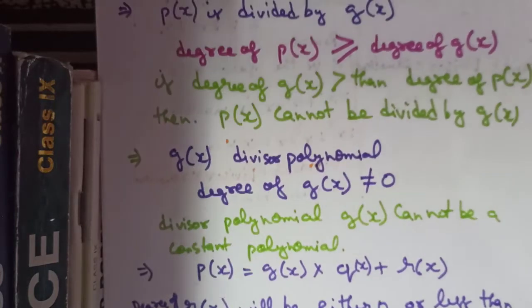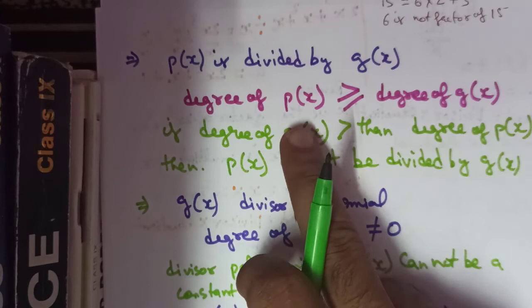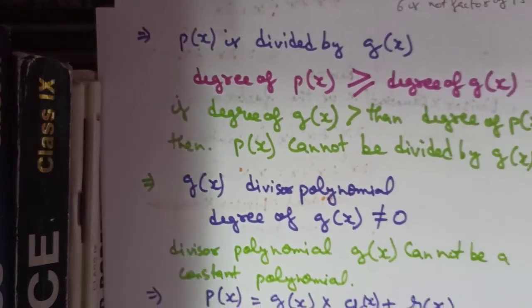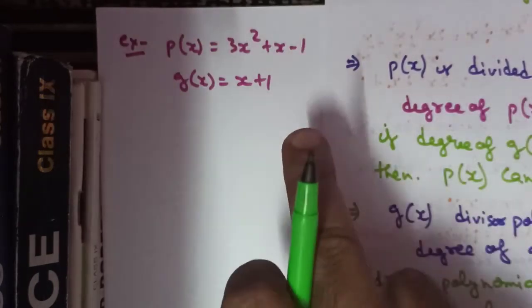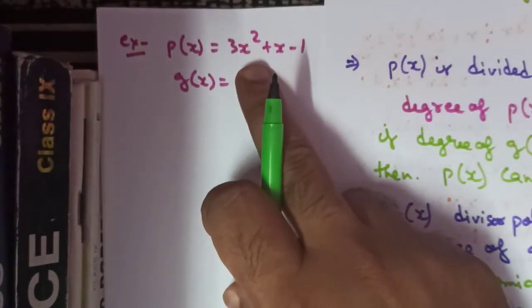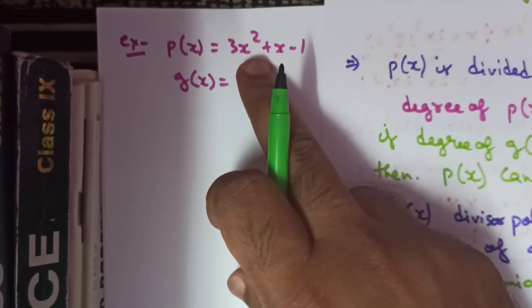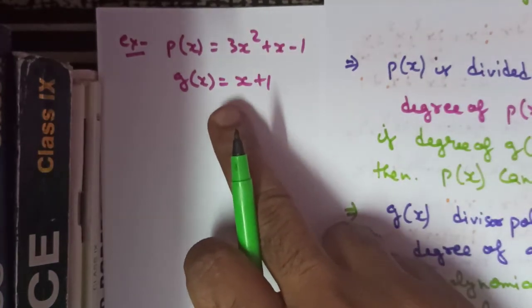So point number 1, the degree of the polynomial px should be greater than or equal to the degree of the divisor polynomial. You can see here the degree of the dividend polynomial is 2. Highest power of the variable x is 2. So degree of the dividend polynomial is 2, and the degree of the divisor polynomial gx is 1.